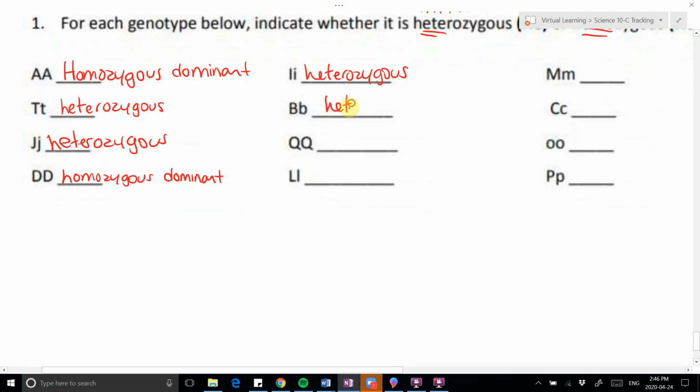Different. That's going to be hetero. Same or different? Those are the same. So that's homozygous. And once again, because we have capital letters, that's going to be homozygous dominant. Same or different? Different. It's heterozygous.